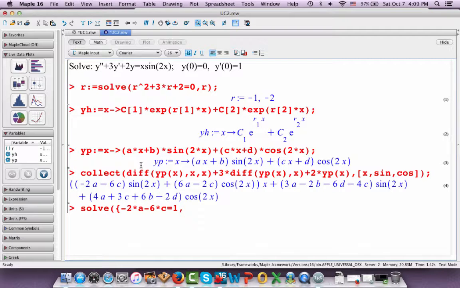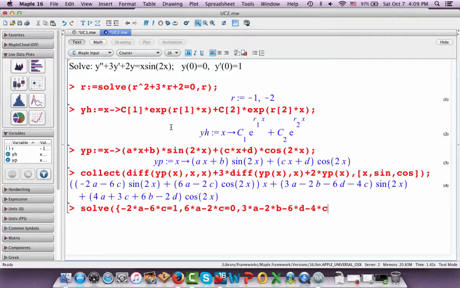So let's set that equal to 1. And the next equation, our x cosine 2x coefficient is here, so I'm going to copy that, paste it next, and since our phi of x doesn't have such a term, that's going to be equal to 0. And then our third term, we have this coefficient involving all 4 of our undetermined coefficients. That's our sine 2x term.